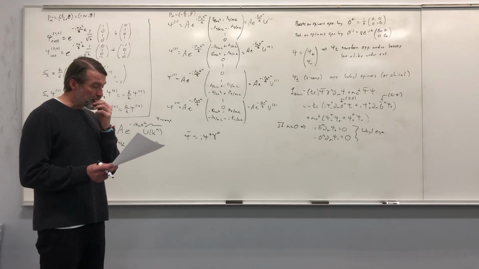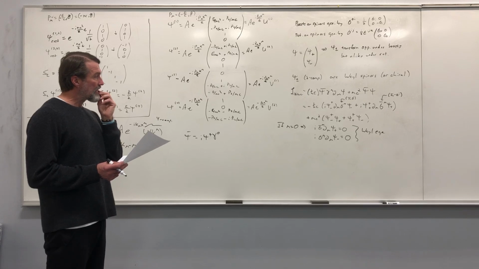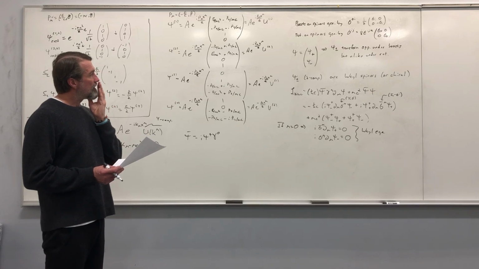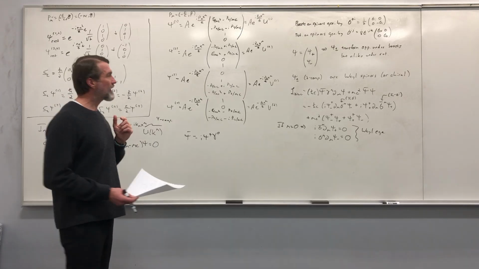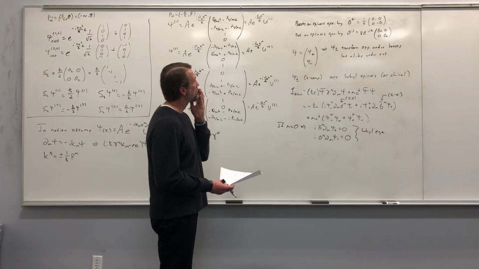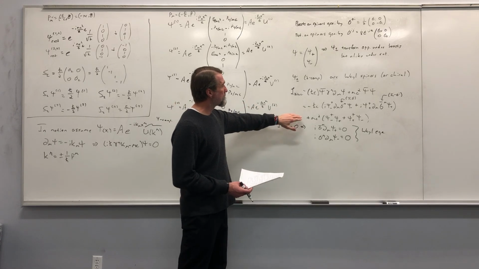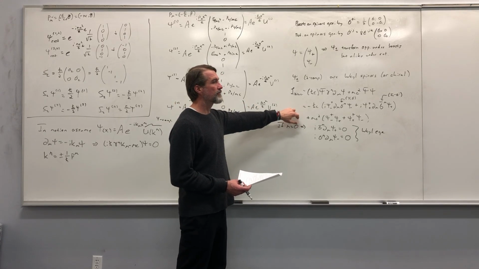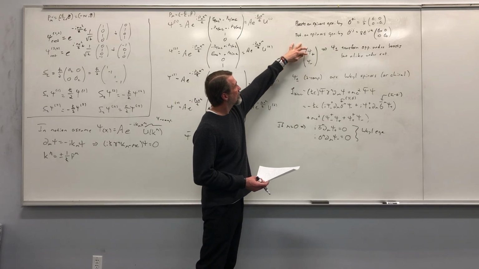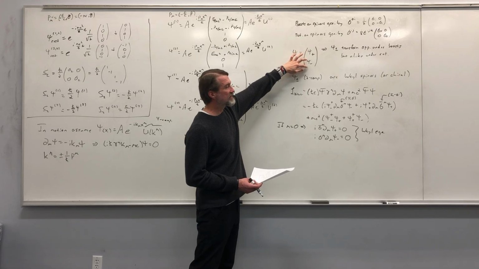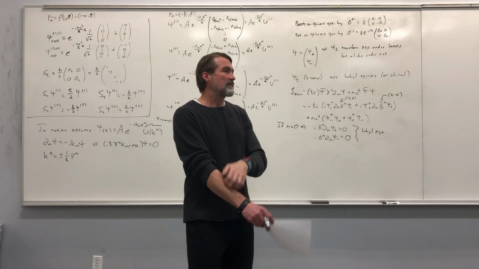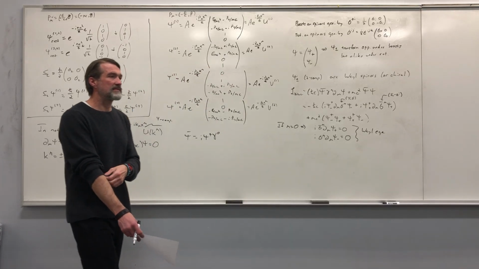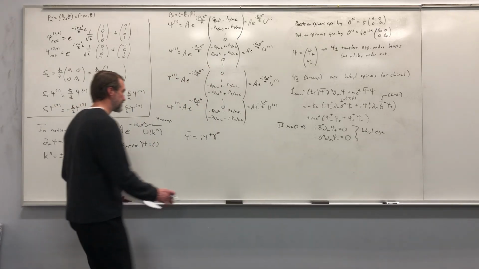Now, it turns out, rather interestingly, that for massless particles, working with this state versus this state is exactly the same as working with plus or minus chirality states. Let me show you.